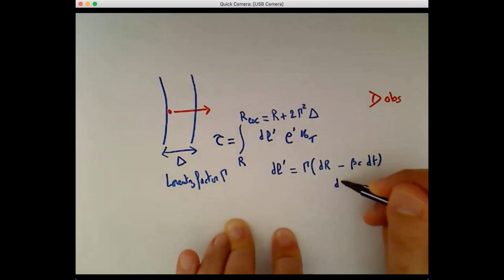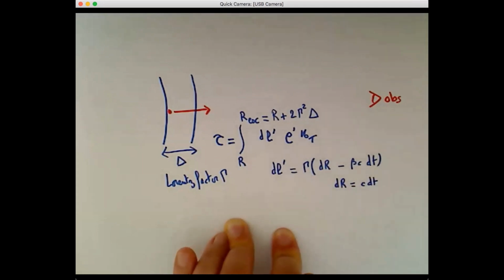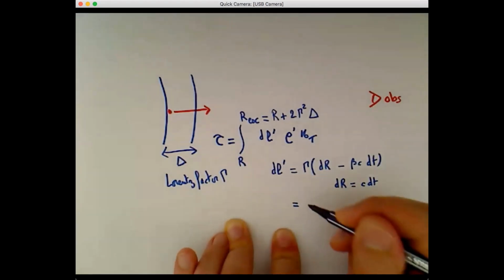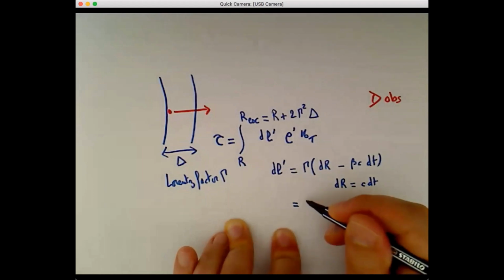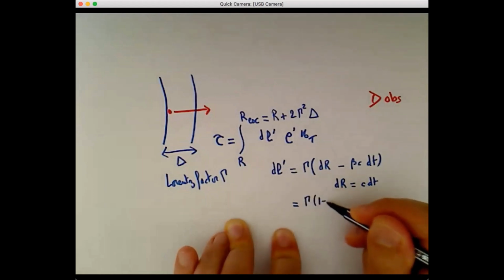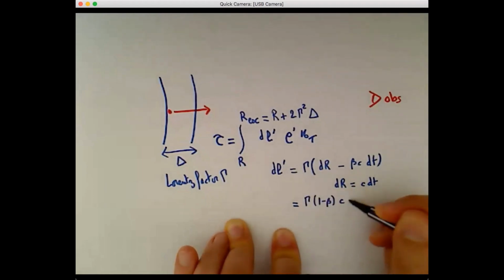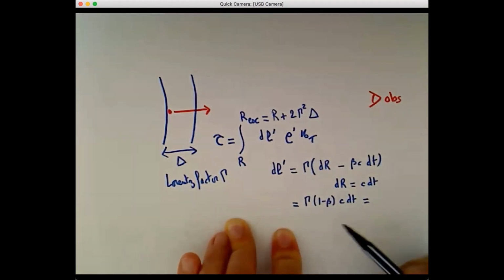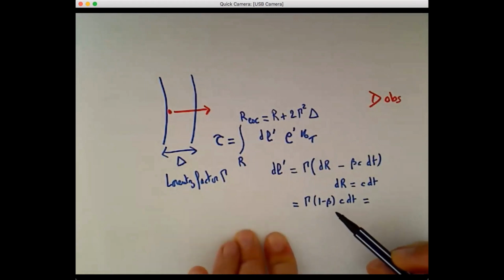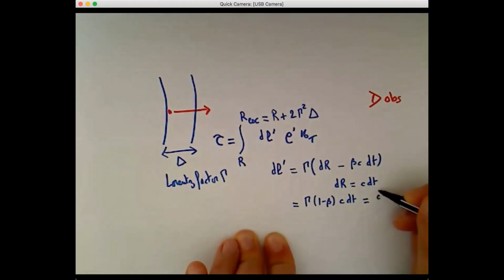So in the fixed frame, photons move at the speed of light. So dr is c dt. So in this case, dl prime is just given by gamma (1 minus beta) c dt. And if I take, as usual, the ultra-relativistic limit, 1 minus beta is 1 over 2 gamma squared. This is dr divided by 2 gamma.